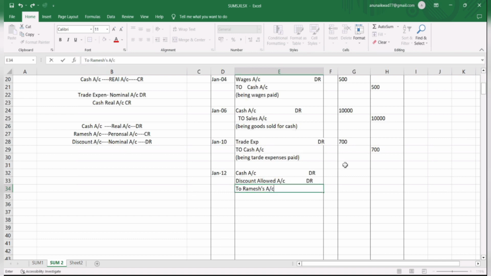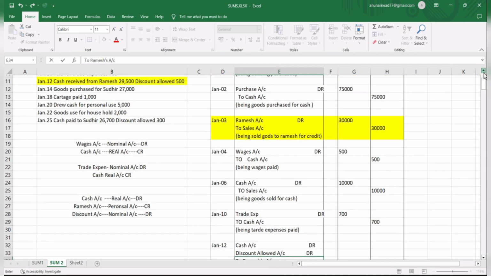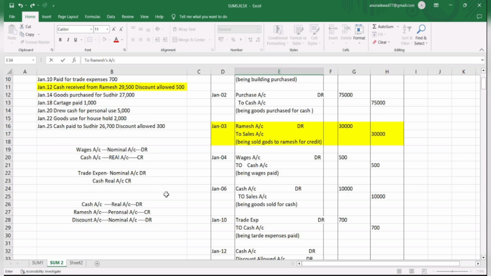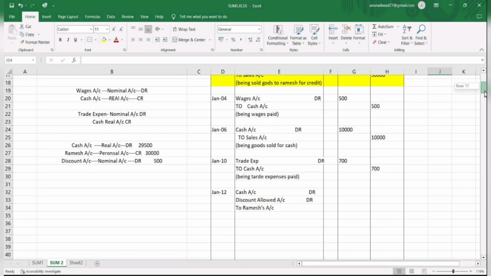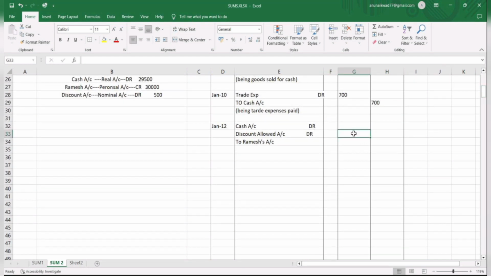For how much rupees? That is important. See, cash received from Ramesh, how much we have received? 29,500 we are receiving. How much he had to actually pay? 30,000. What this means? 500 discount. Correct? Now how we will record it is, we know debit 500 discount we are giving. We are receiving 29,500. The total of this must be our credit entry, that is 30,000. So his account is settled.